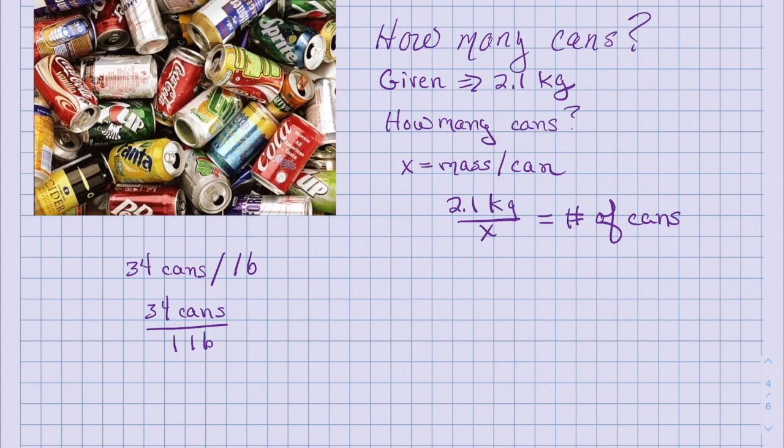I've got pounds down here in the denominator, so when I write my conversion factor, I'm going to put pounds in the numerator. So we've got 2.2 pounds per 1 kilogram. And if we multiply that through, the value that we get is going to be the number of cans per kilogram.